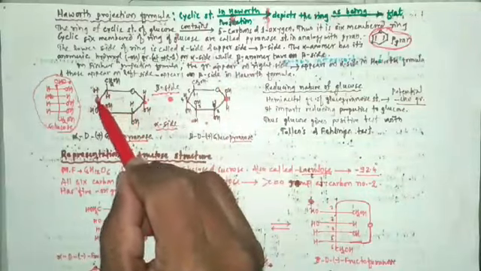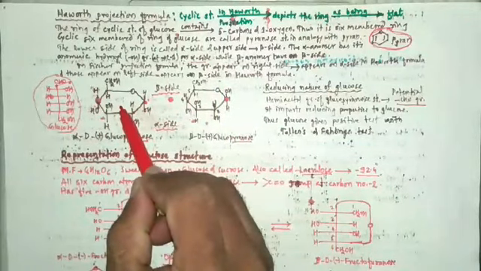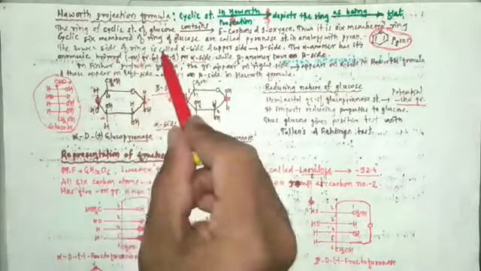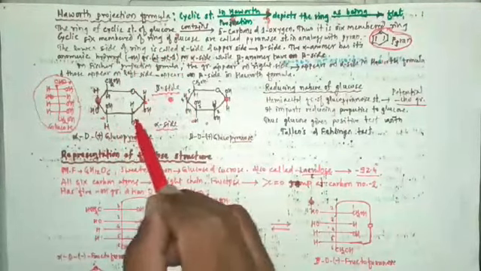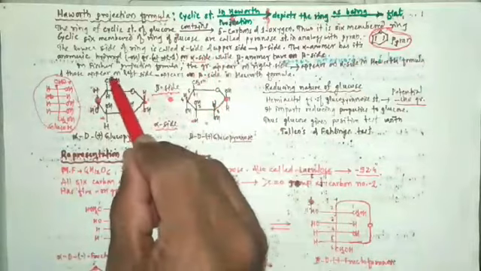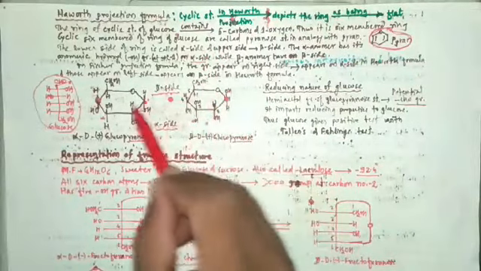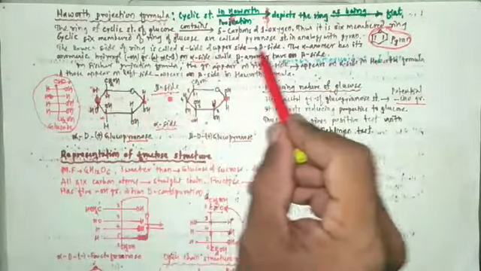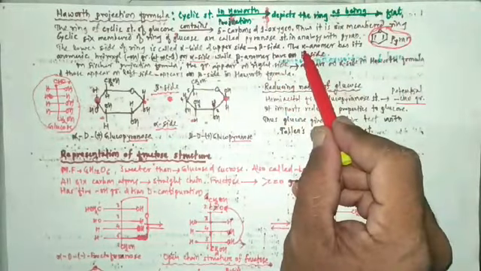So we are considering this ring as a flat structure.